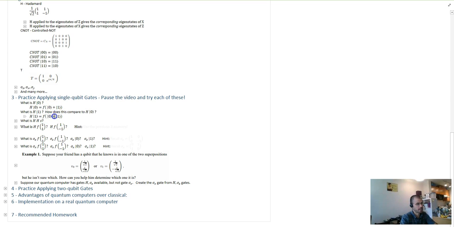It's just the phase here is different by pi or by a negative sign, right? So that's important to keep in mind. Like there's probability and there's phase. The probability is the same when you apply a Hadamard to both of these, but the phase is different.